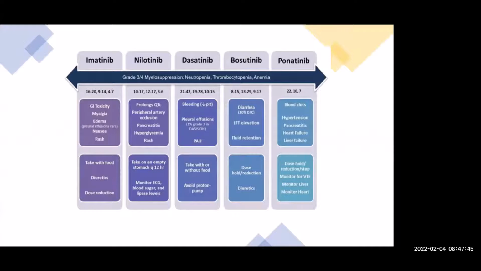Obviously, with the development of further generations of TKI, other TKIs were also used in the therapeutic armamentarium. So dasatinib, bosutinib, nilotinib, and ponatinib were also used in these patients in the later trials.